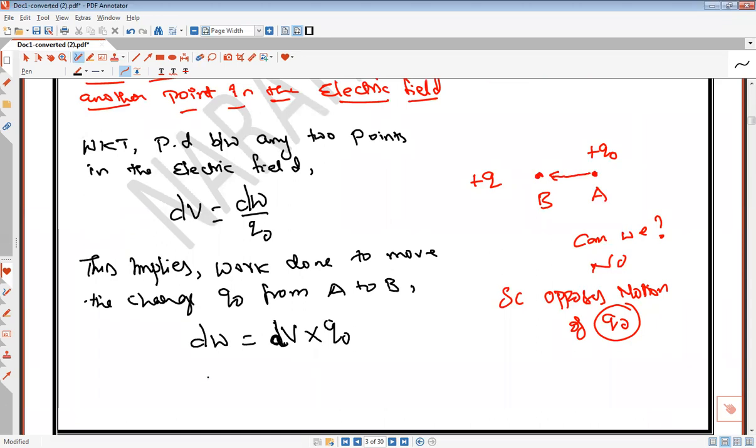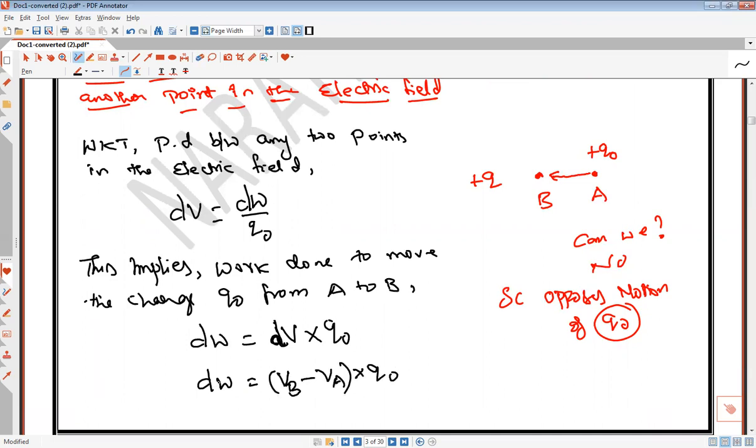We can even write this as dW is equal to dV, where dV is the potential difference between A and B. We have moved the charge from A to B. So dV can also be written as VB minus VA, into Q0.